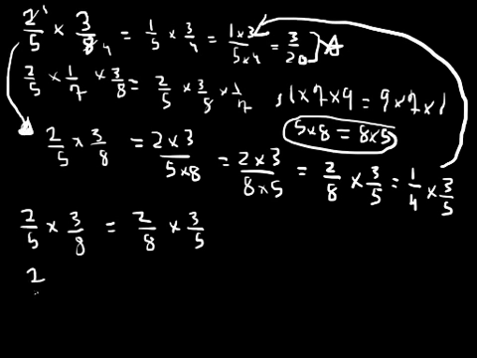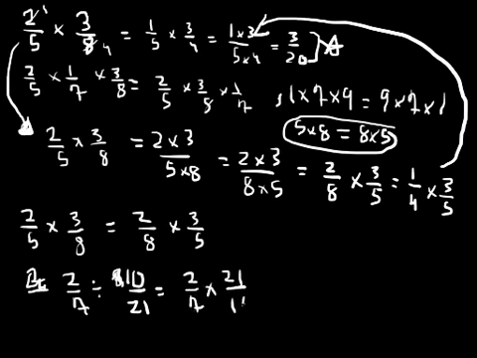If you had division, let's just say for example, 2 over 7 divided by, what do we got? 10 over 21. So now you know how to do the general way. So switch it to times 21 over 10. And now either you can do this the long way of flipping them around, or you can see, hey, 2 and 10 they'll cross from each other. 2 goes into itself once. 2 goes into 10 5 times. 7 and 21. 7 goes into itself once. 21 goes to 7 3 times.